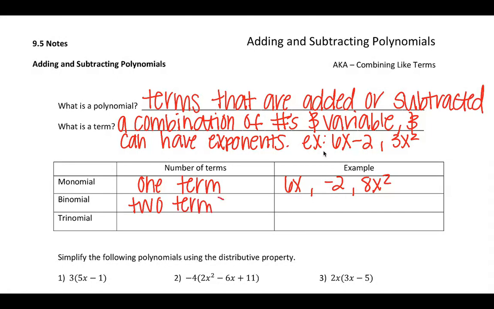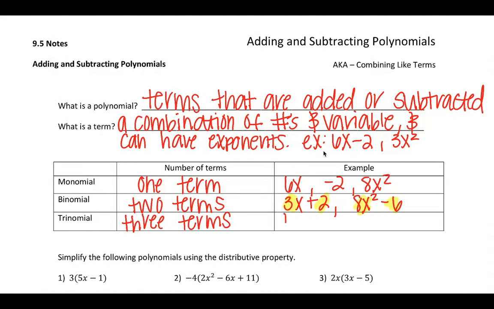Binomial, the prefix bi means 2, so this is 2 terms. And you will have an addition or subtraction sign. So we'll have 3x plus 2 as an example. 8x squared minus 6 is an example. 2 terms. So you're looking at 1, 2. And lastly, trinomial, prefix tri means 3. So 3 terms.